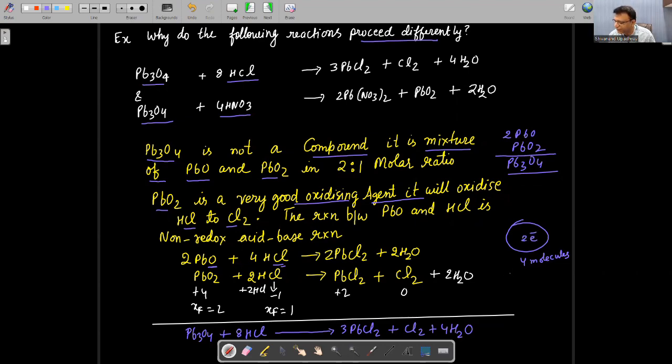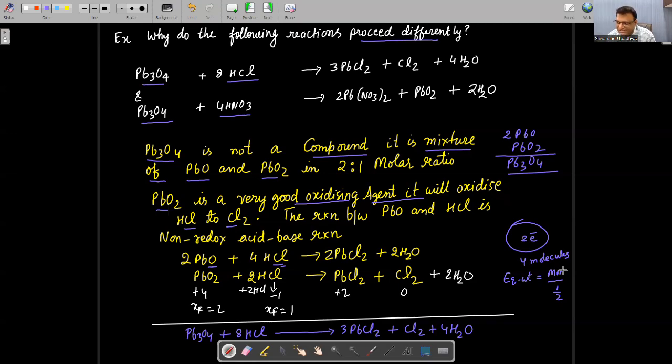If I calculate the equivalent weight, I have to calculate the X factor. X factor means for one molecule, how many electrons are participating. For 4 molecules, 2 electrons are participating, means for one molecule, half an electron will participate. So the equivalent weight of HCl in this reaction is equal to 2 times the molar mass.